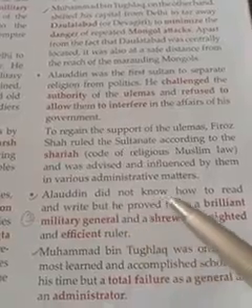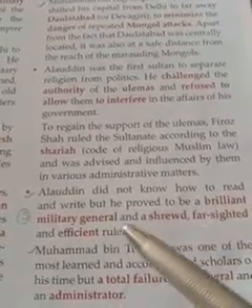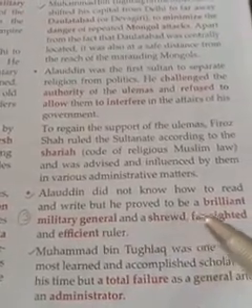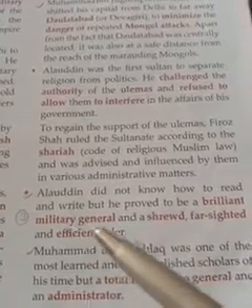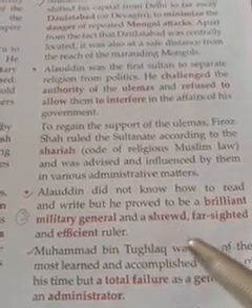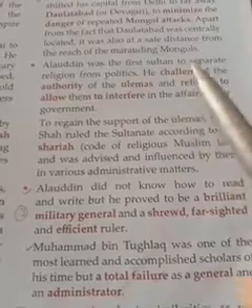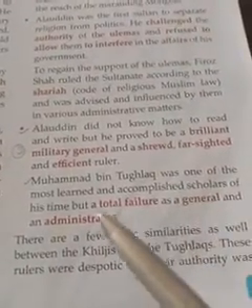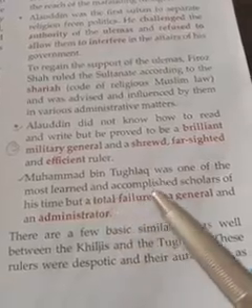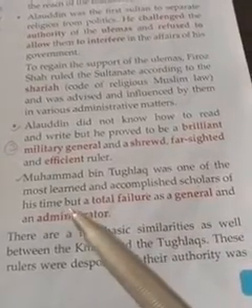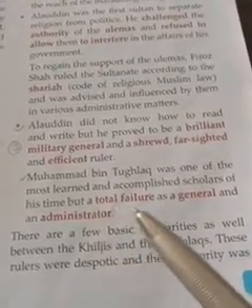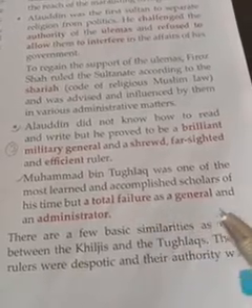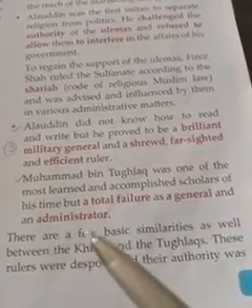Alauddin did not know how to read and write, but he proved to be a brilliant military general and a shrewd, far-sighted and efficient ruler. Muhammad bin Tughlaq was one of the most learned and accomplished scholars of his time, but a total failure as a general and an administrator.